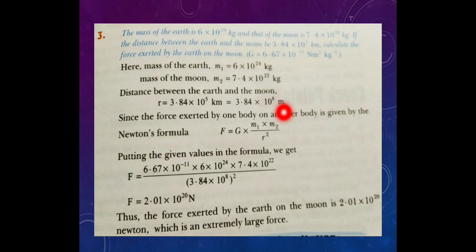So then you will get the answer as 10 raised to 8. You know how to change kilometer into meter. 1 kilometer is equal to 1000 meter. So in this way this 10 raised to 5 will become 10 raised to 8. You will multiply it into 10 raised to 3, that is 5 plus 3, that is 8. Okay, in this way you will get the meter.